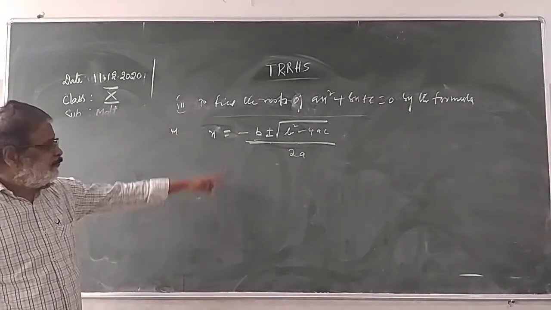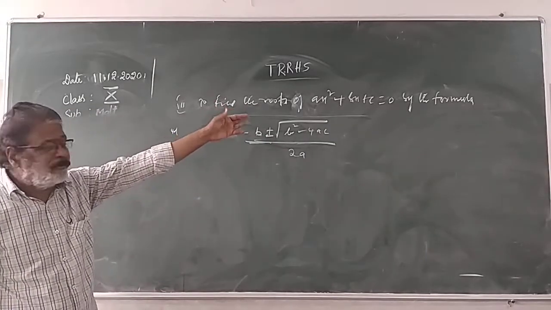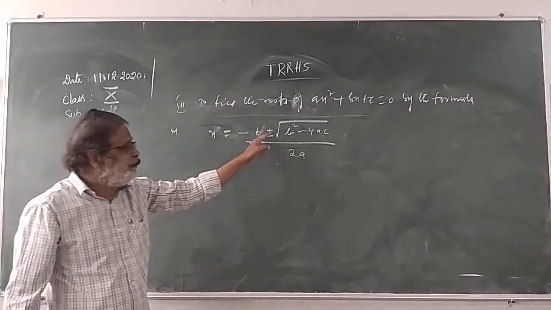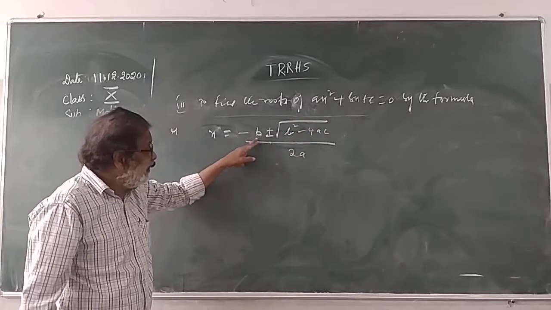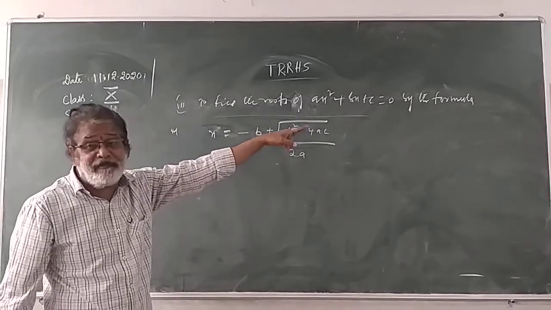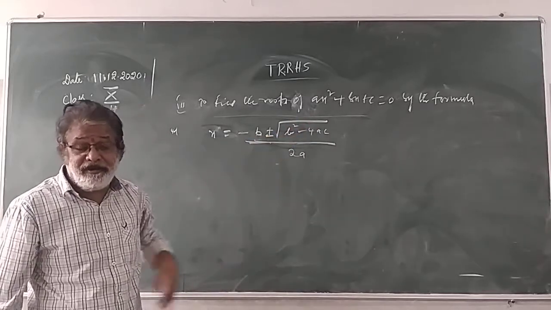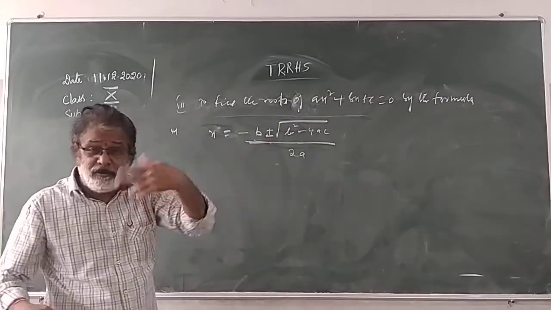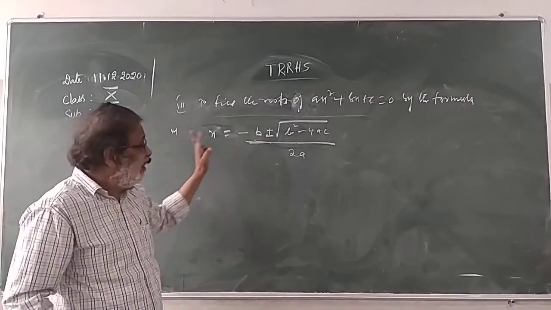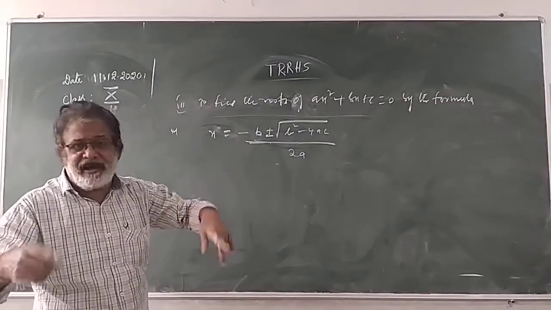What are the roots of ax square plus bx plus c equal to 0? Minus b plus under root b square minus 4ac whole by 2a, and minus b minus under root b square minus 4ac whole by 2a. To say it at one time, we say plus or minus. When you want to say it separately, there are two roots: one is alpha, the other root is beta.